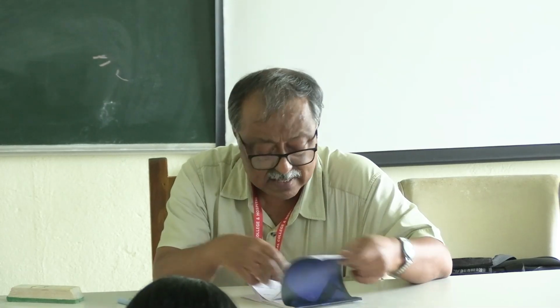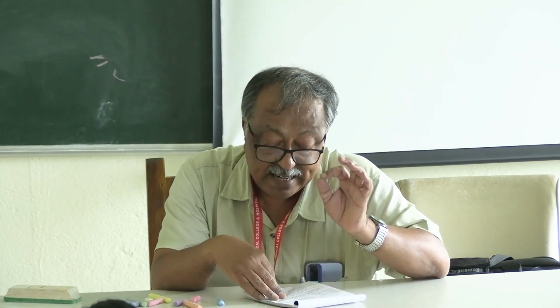Next, another important thing is speech audiometry. I will not cover it fully now, but I will mention two things. First, the speech reception threshold. It is the minimum intensity at which 50% of the spondee words are repeated correctly.